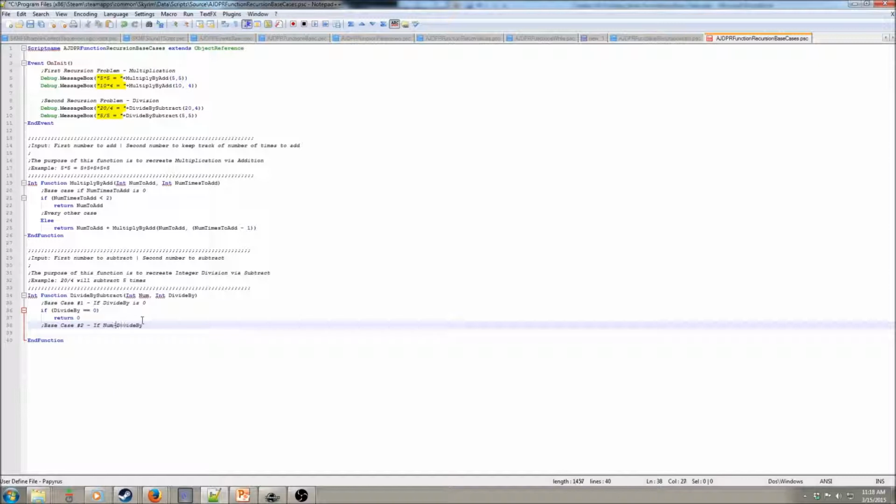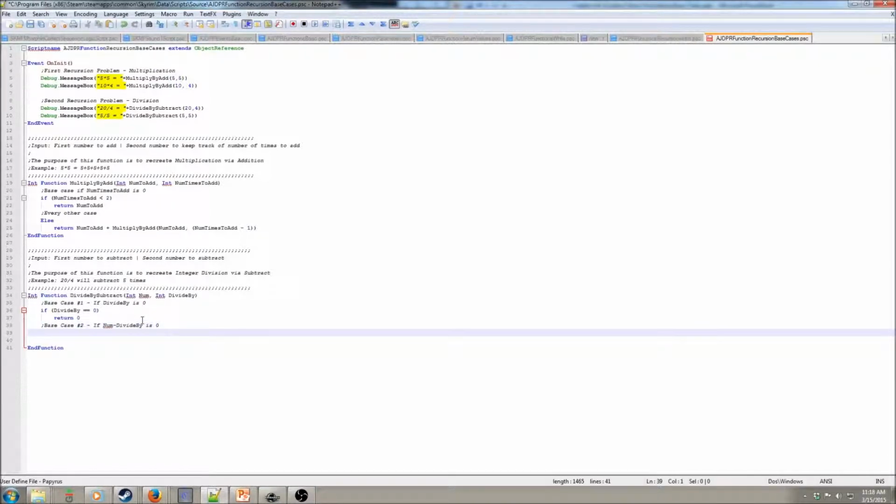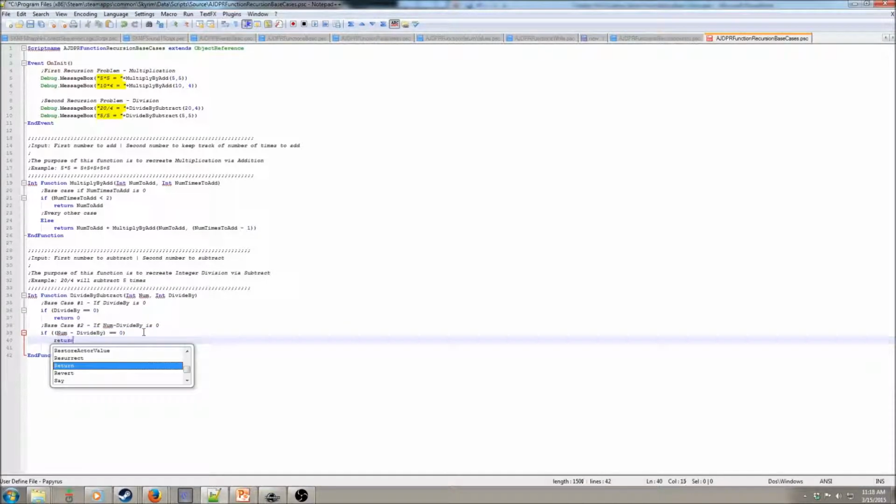If num minus divide by is 0, so if num minus divide by is equal to 0, return 1.